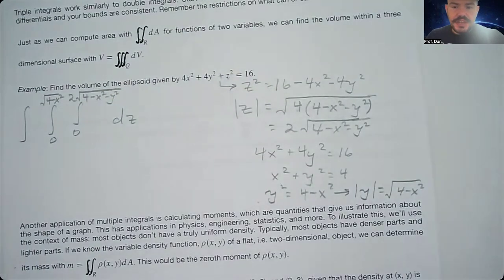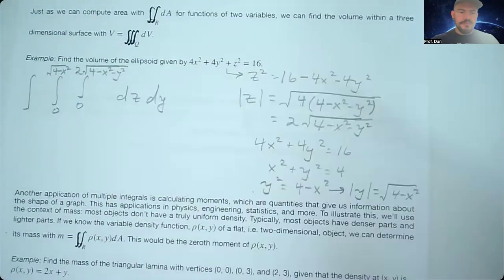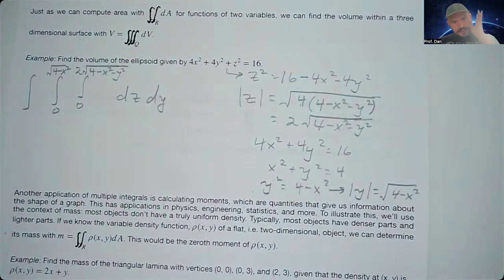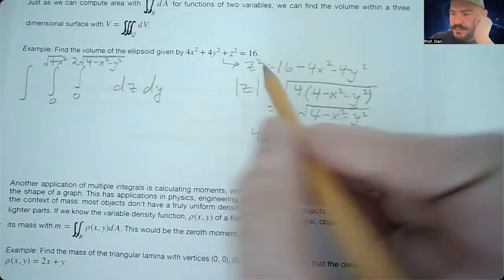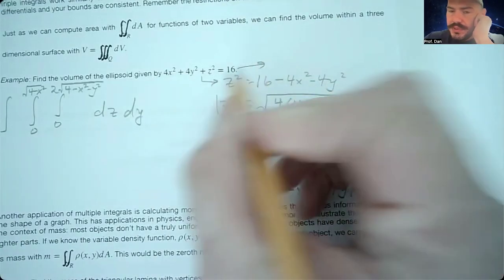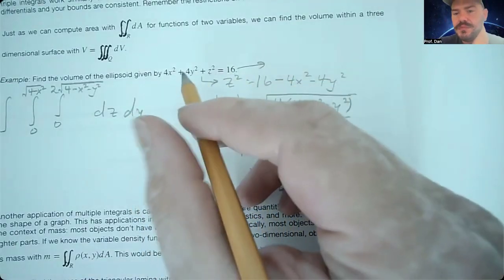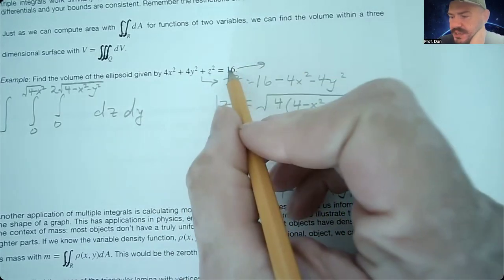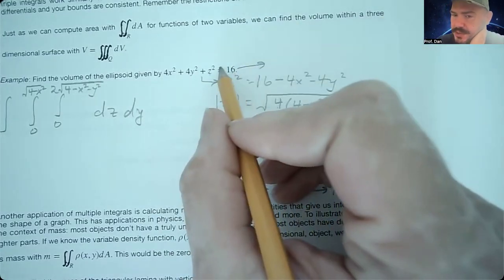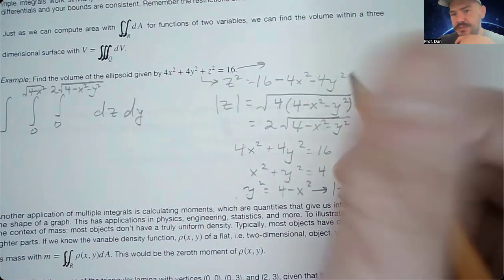And then the last part of this is to figure out what the range of values are for x. If we were to analyze this shape a little bit, we know from way back in chapter 11 that to write this in a standard form, we would have to divide every term in the equation by 16, because we need this to be equal to 1 to be able to pull things like the radius in each direction.